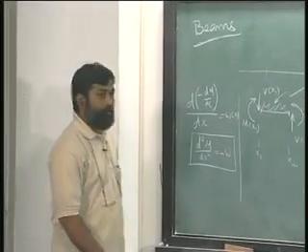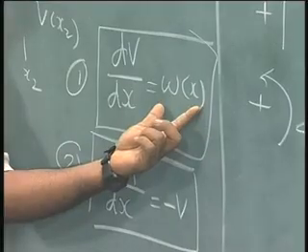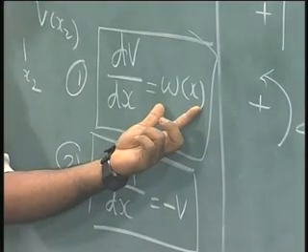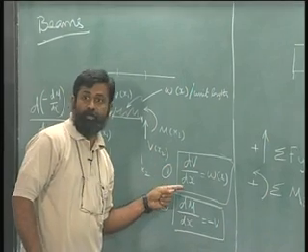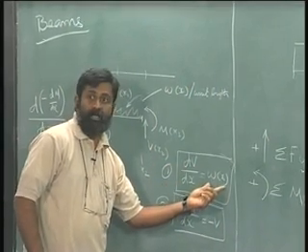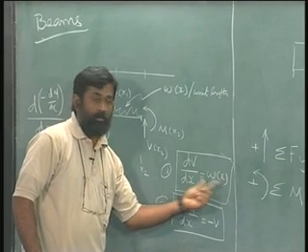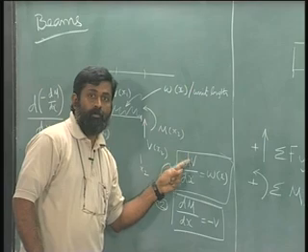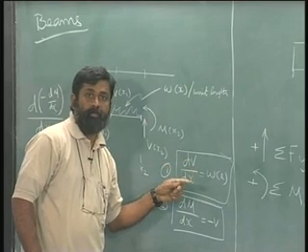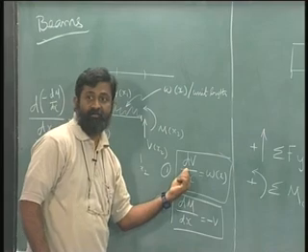Okay. So, if I know how the force w is varying, I can find out how shear force is going to vary. If this were a constant force, what do you conclude for as far as variation of V is concerned? dV by dx is constant, which means V is linear.